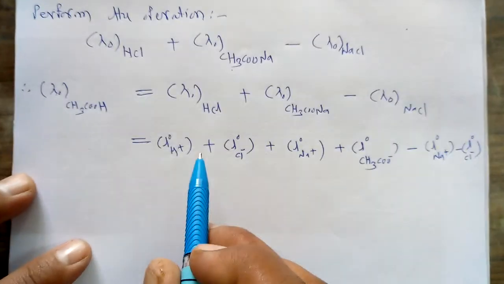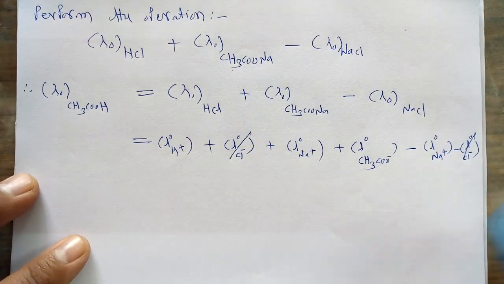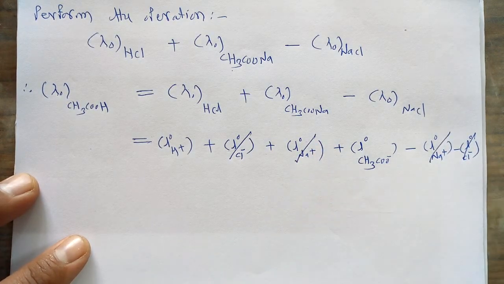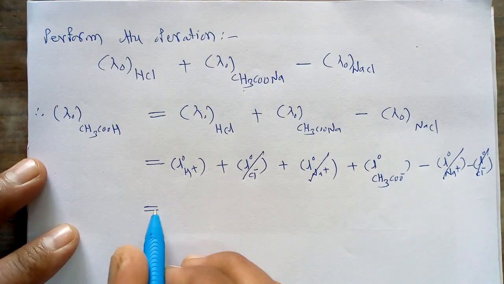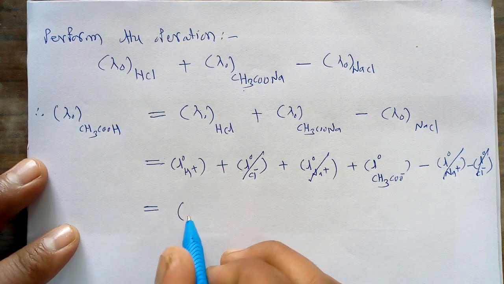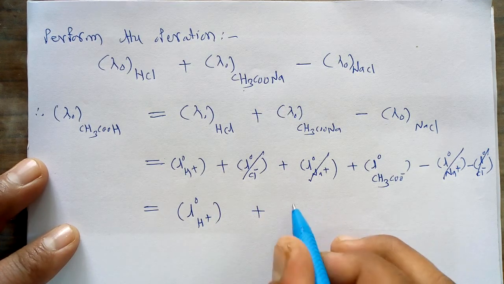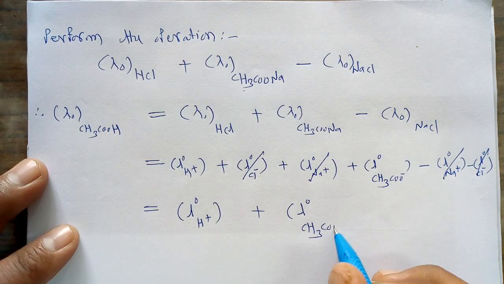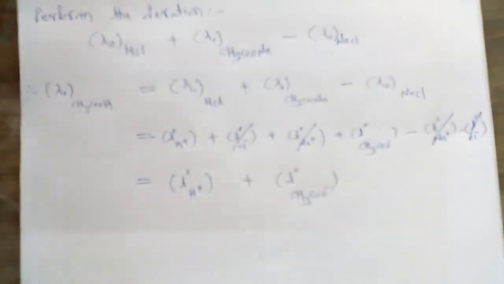Now we have to cancel the common terms with opposite sign. The equivalent ionic conductance of Cl minus: this plus and this minus get cancelled. The second common term is the equivalent ionic conductance of Na plus, with opposite sign. So what are the remaining terms here? The remaining terms are the equivalent ionic conductance of H plus and the equivalent ionic conductance of CH3COO minus at infinite dilution.